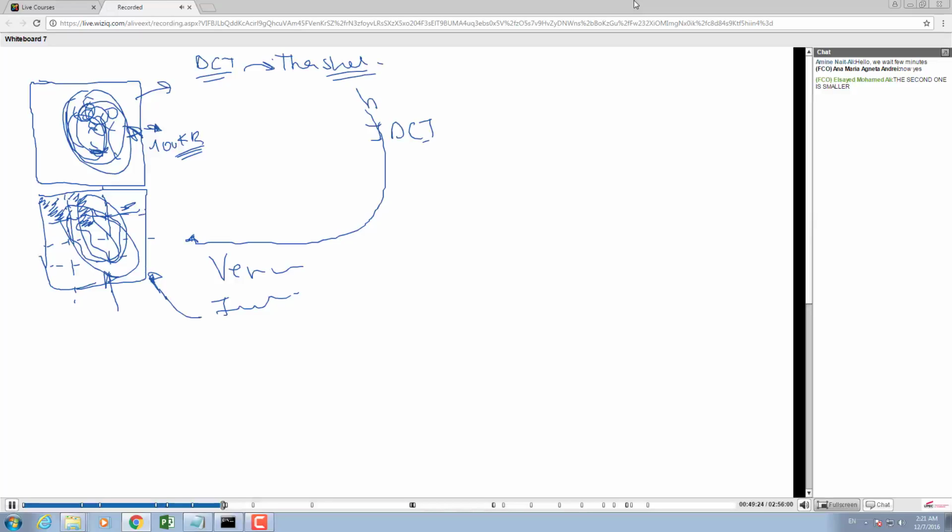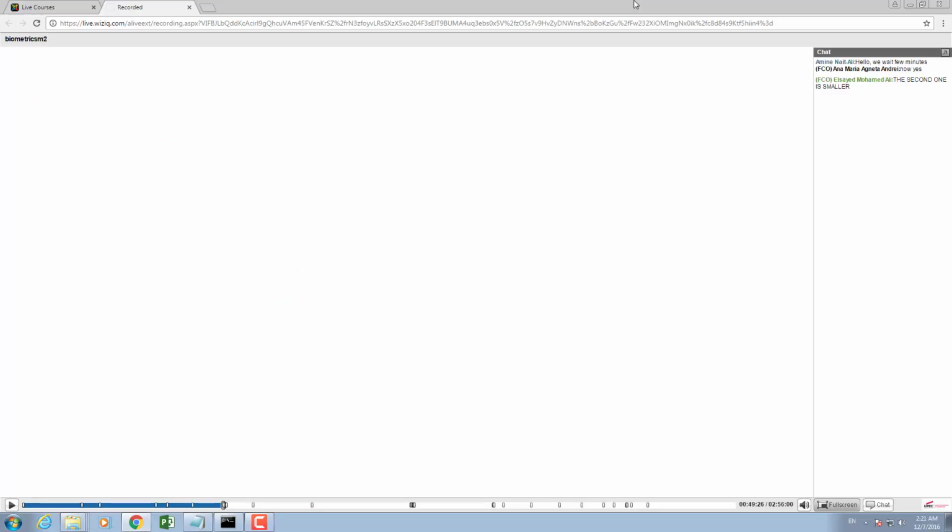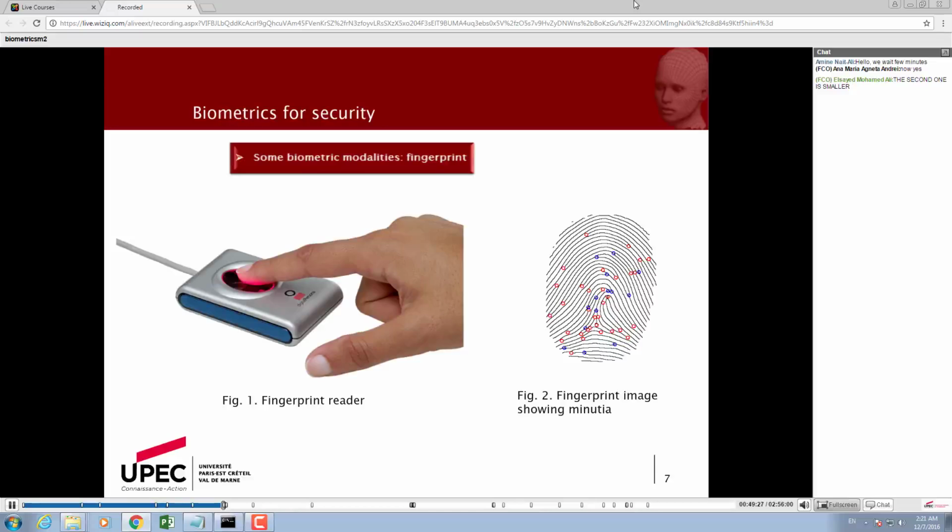So when you want, in fingerprint, very often, remember the first slide I showed you here. Let me show you. Look at this one. In fact, to obtain this image, you have to process the original image. And to process the image, you have to respect a certain number of steps.